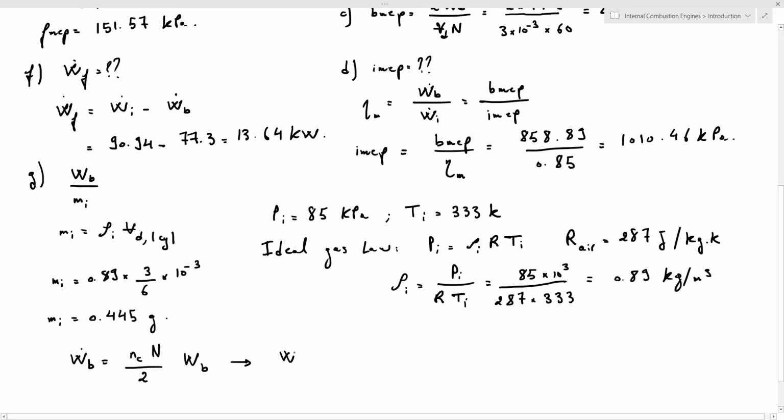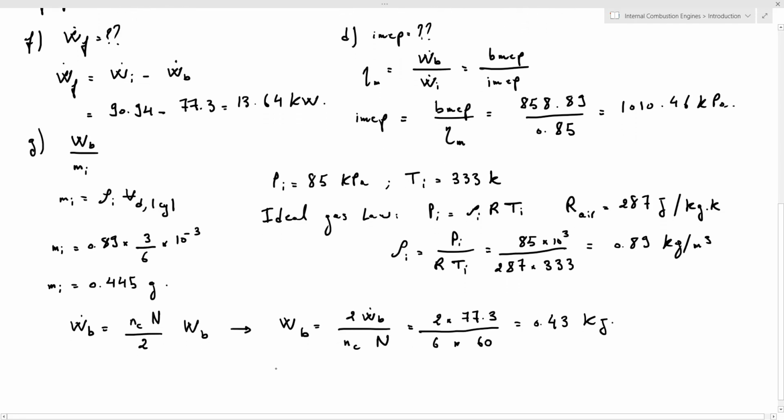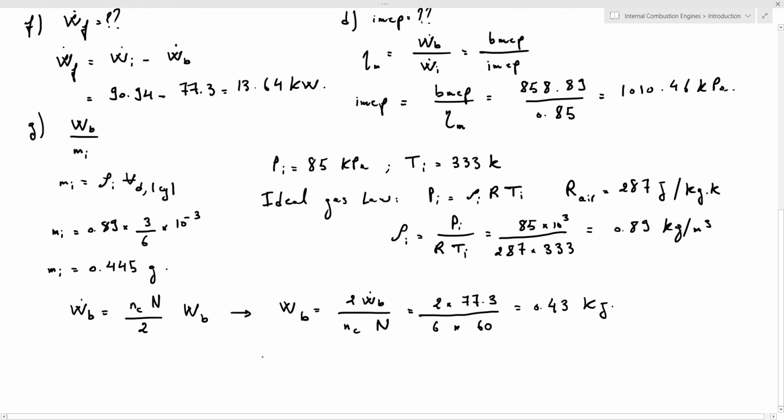So the brake work in this case will be 2 W dot B divided by N C N. So 2 times 77.3 divided by the total number of cylinders multiplied by 60, and it will be equal to 0.43 kilojoule.